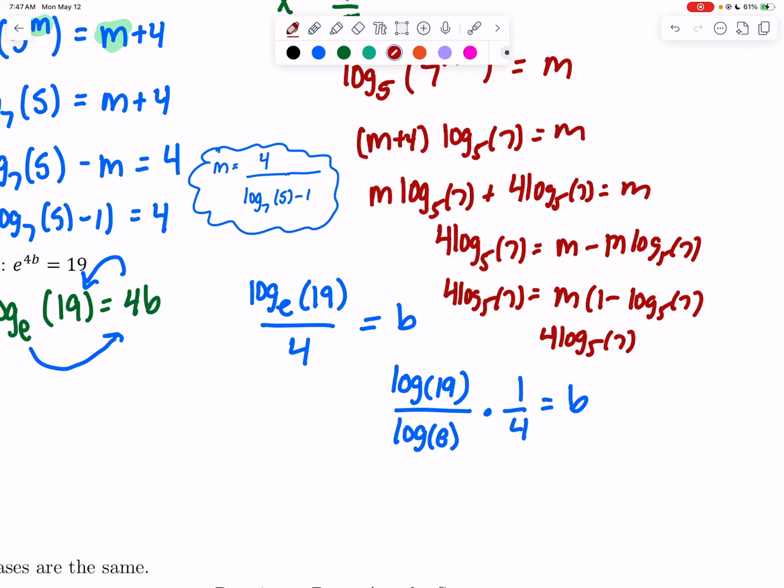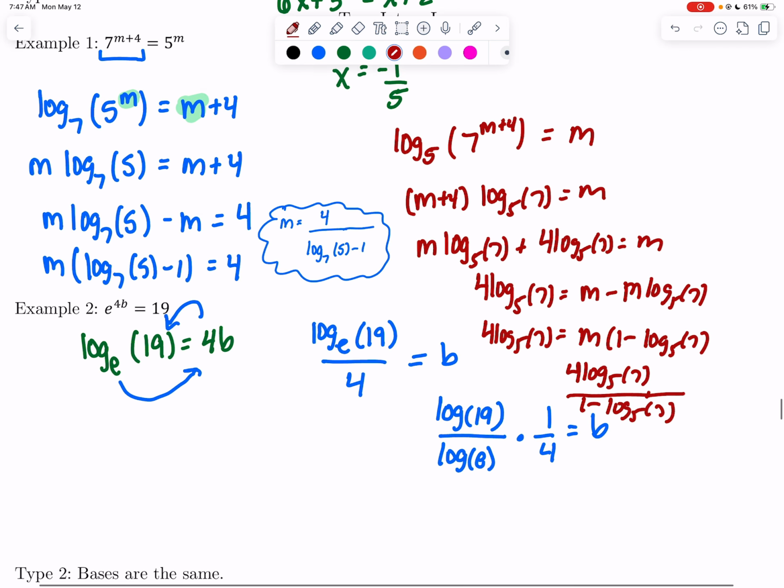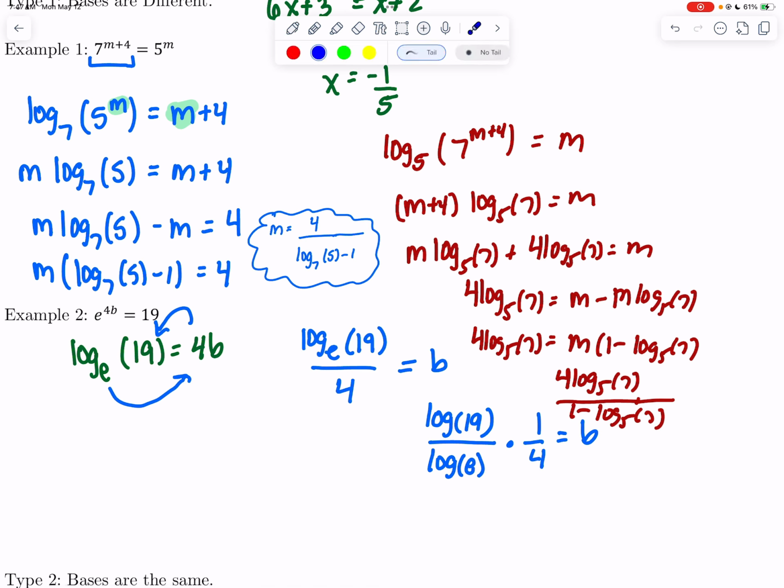Now, you'll notice that this one took a lot more steps. That was because notice how here our exponent was m, and here our exponent was m plus 4, and we needed to move the m plus 4 up front, which means that we had to multiply out with the m and the 4, which took a bit.